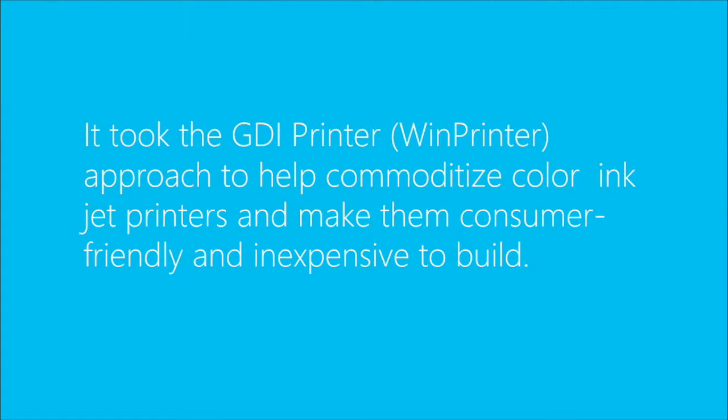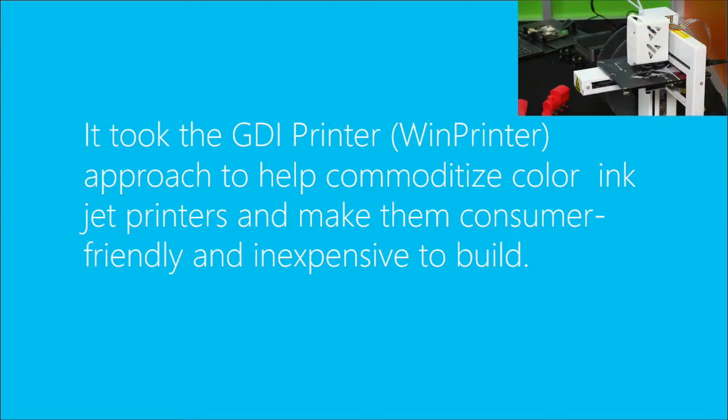One of the things that Microsoft did at the time is it worked with the 2D printer vendors and came up with the idea of a GDI printer, which a lot of people call the Win printer, where a lot of the logic was offloaded from the printer. These used to have basically entire computers in the printer. They took that, offloaded it, put it into Windows, and then established a protocol for how to get that data over to the printer.